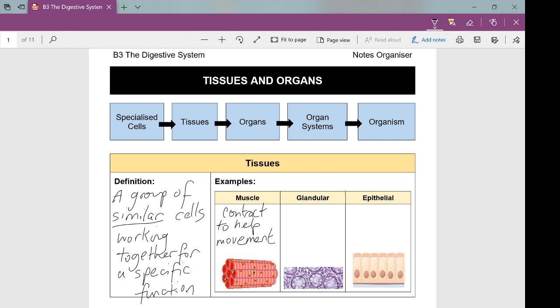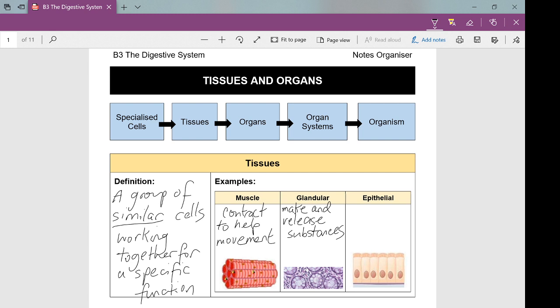With glandular tissue, this tissue is mainly any time we want to make and release a substance. So for example, glandular tissue would make and release hormones, make and release enzymes, make and release the acid in your stomach.